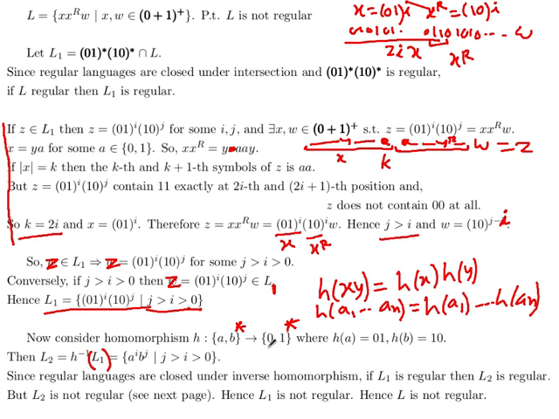So that is the definition of this. So what are the strings that can be mapped here?